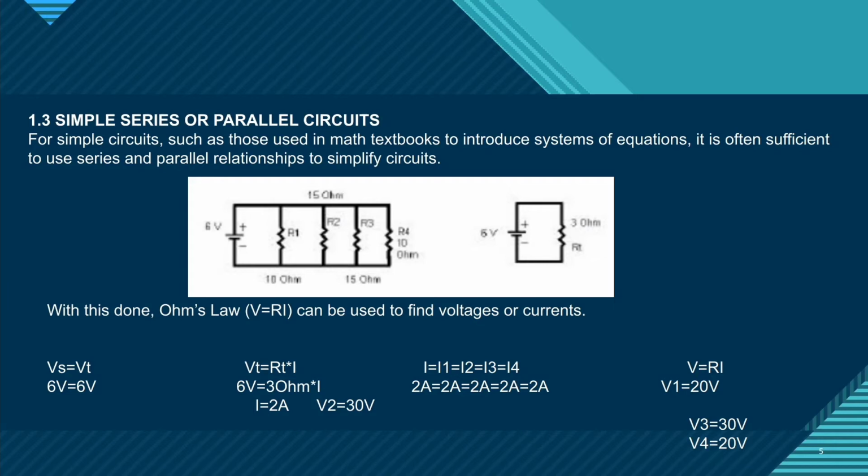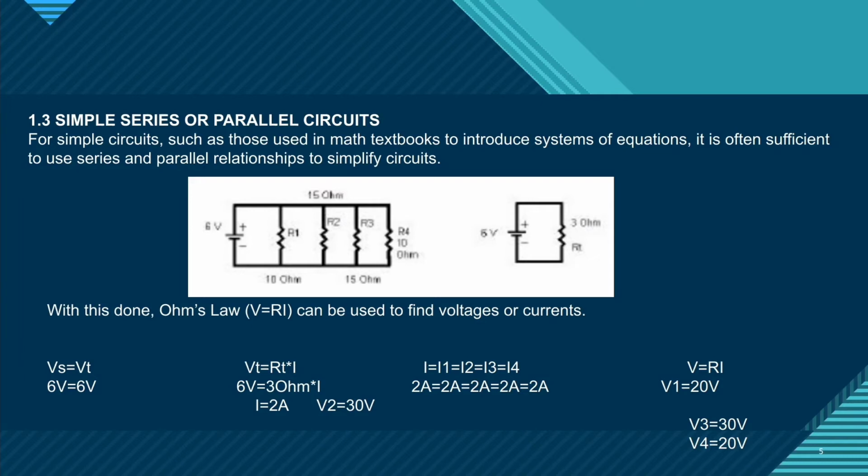So as you can see in this slide, we want to show how to get a suitable voltage for some electrical circuit. As you can see, we replace Vs with Vt voltage.